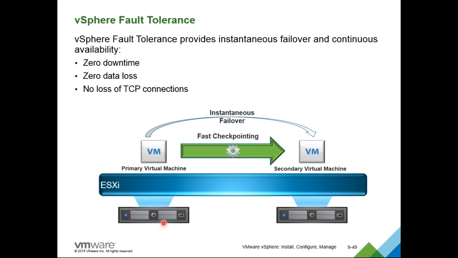Okay, but this solution is very expensive. Why? Because whatever hardware is there on your primary virtual machine ESXi host, the same make and model you have to use on your fault tolerance destination ESXi host also.